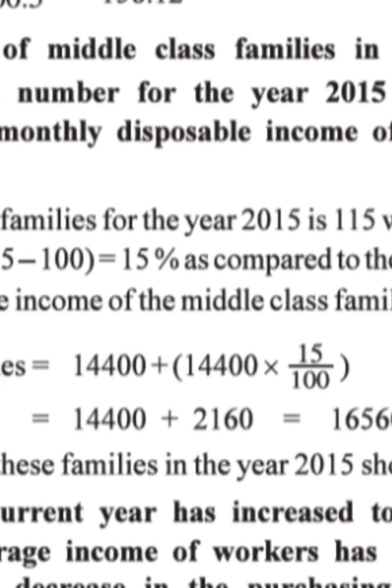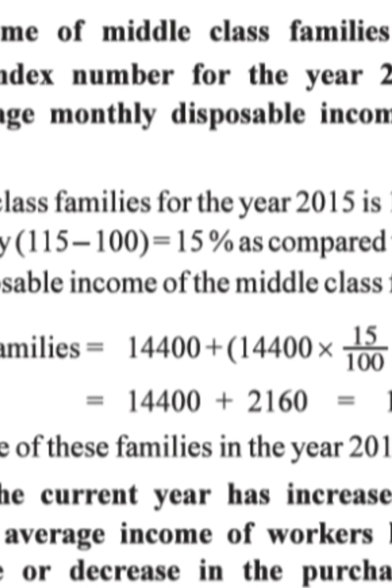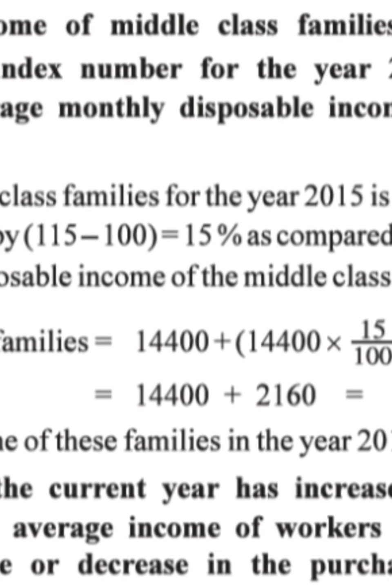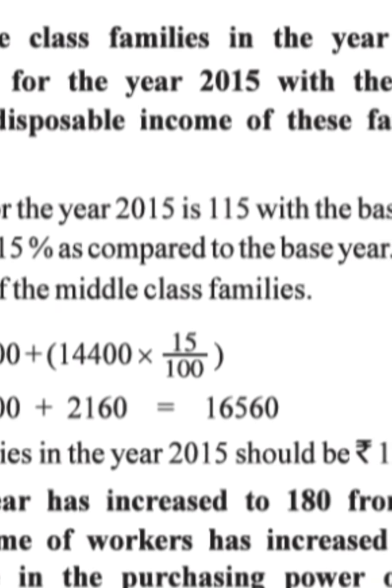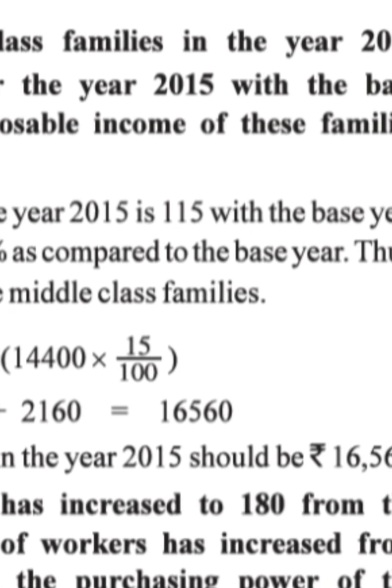We'll solve the bracket first. It's giving us 2,160, right? The average disposable income in the base year is 14,400, and the increase is 2,160. You will add them, you're going to get 16,560, right?